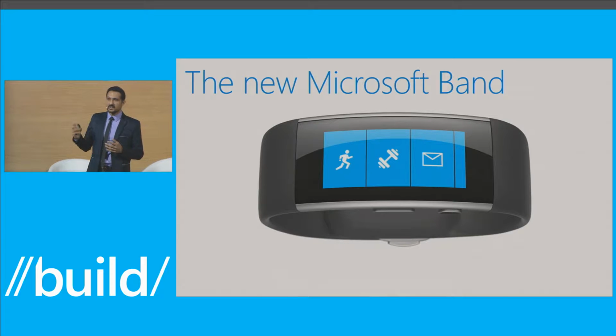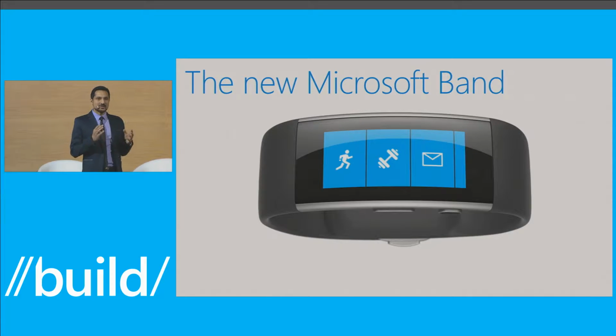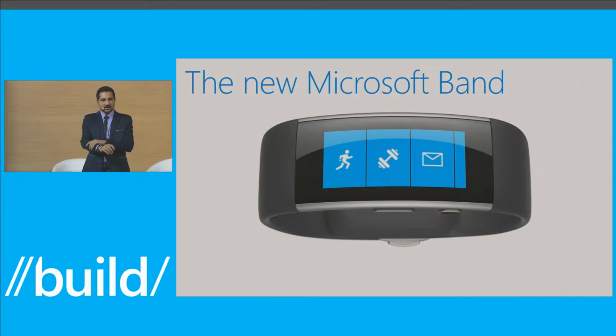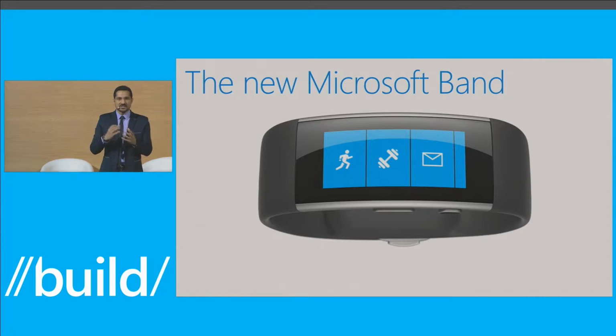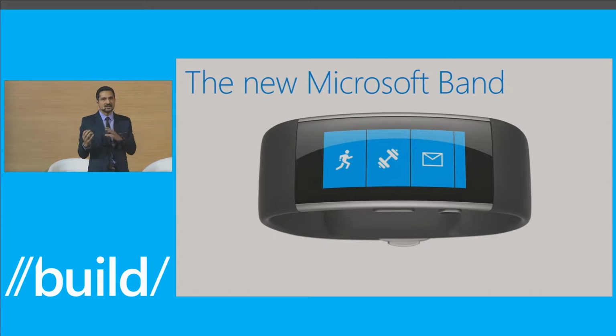So if you look at the Microsoft Band 2, you will realize that it is everything that you wanted from Microsoft Band 1. With Microsoft Band 1, we made certain decisions about the design points. We thought we could actually conform the band to the wrist shape of a human being. What we realized was when you move your wrist, the wrist actually changes shape. So fitting a band to the wrist is more important than fitting a wrist into a band.